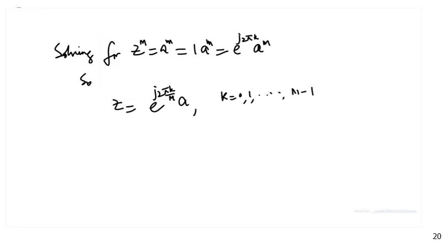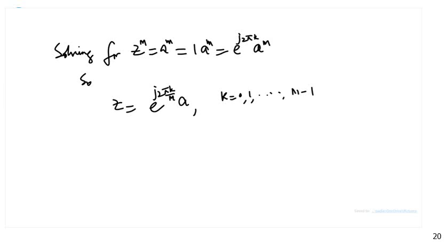So in order to find the M zeros, we write a^M as 1 multiplied by a^M, and the 1 can be written as exponential of j2πk. We know that e raised to the power j2πk will always be equal to 1, because it is cos of 2πk plus j sine of 2πk, and k is an integer, so sine is always 0 and cos would always give us a 1.